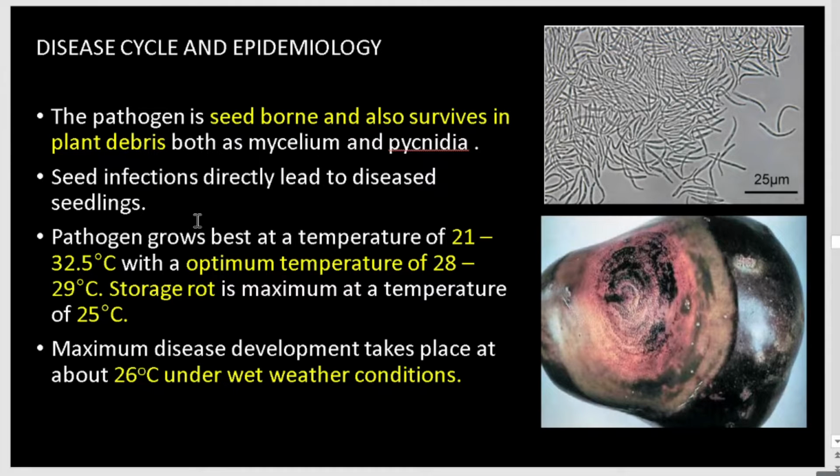This also gets established in the fruits as a latent infection. So when the brinjal is taken out of cold storage, symptoms may be seen after storage due to latent infections.